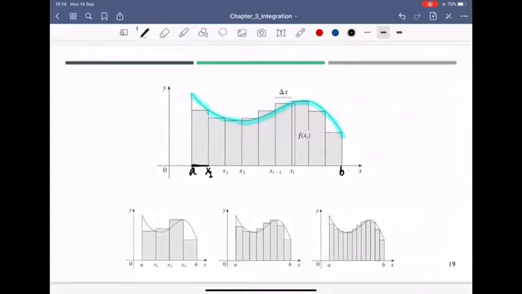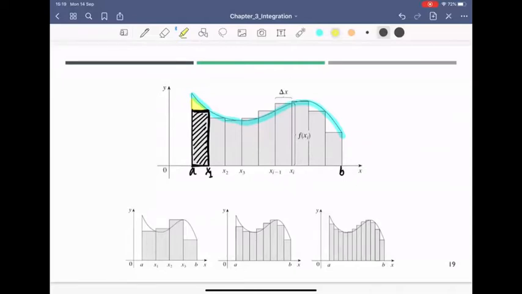I look at the y value at x1 and make the box using that y value. I can find the area easily because the area of the box is the height times the length. I know that I am going to miss some area, which is the area that I highlight in yellow.